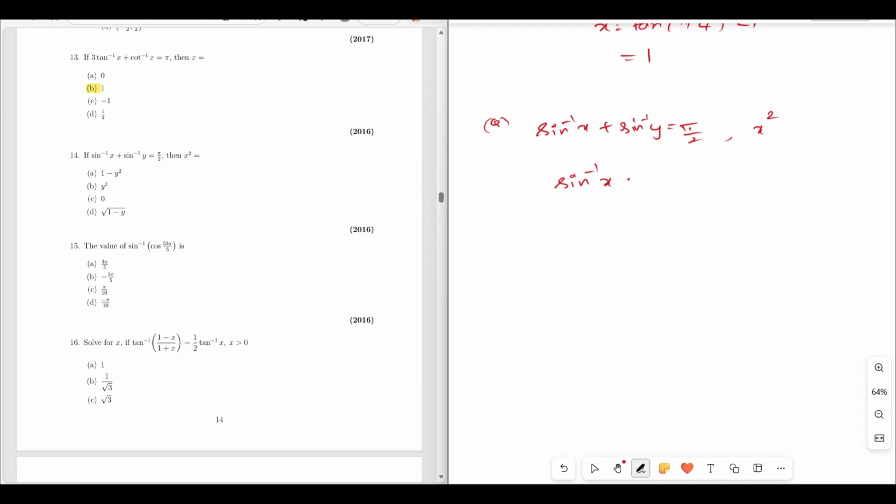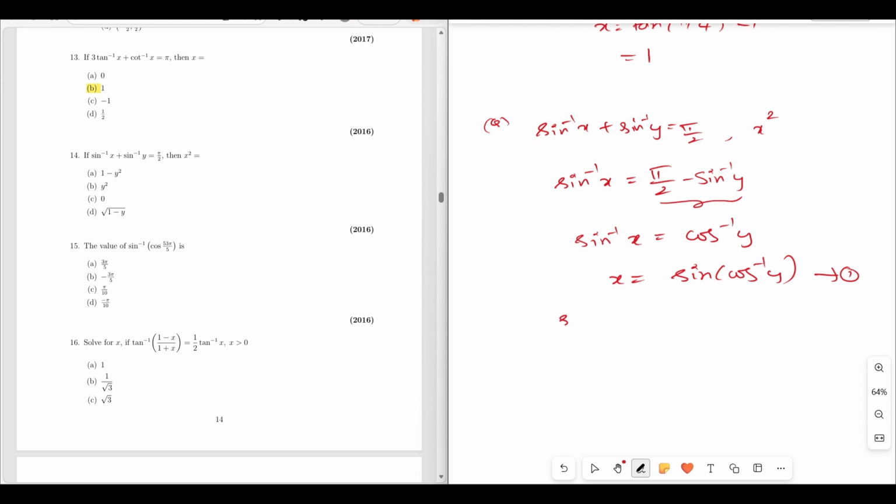Sin inverse x is equal to, I'll send sin inverse y to the right side, it will be pi by 2 minus sin inverse y. Now again, what is pi by 2 minus sin inverse y? It is nothing but cos inverse y. Sin inverse x is equal to cos inverse y. We are supposed to find x square. So I'll get x is equal to sine of cos inverse y. I'll take this as equation 1.